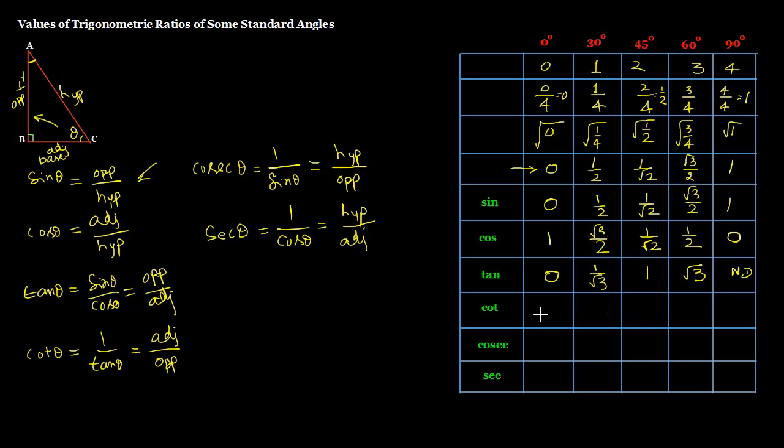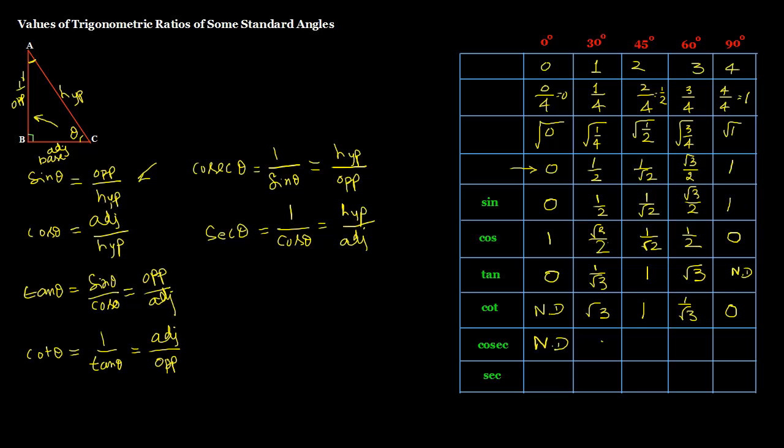For cot, although it is cos theta by sin theta, because I already know tan, I'll just reverse it. So that will be not defined. That root 3 will come here. That 1 stays as is. 1 by root 3 will come here, and that will be 0. Then for cosecant, which is 1 by sin theta, the reciprocal of sin theta, 1 divided by 0 is not defined.